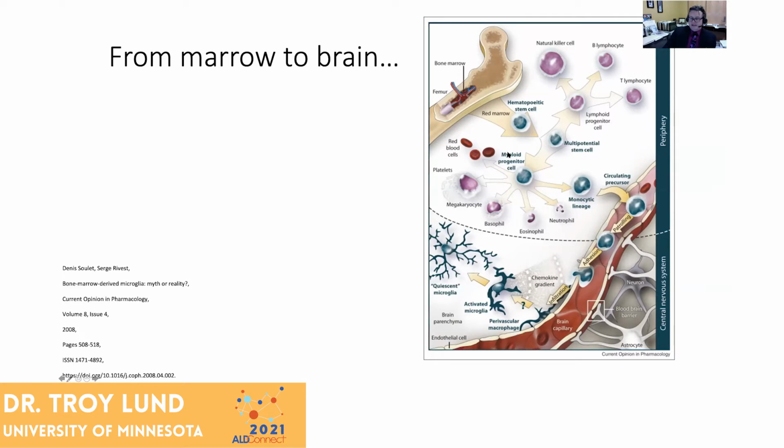And then by some process, there's some cell that goes to the brain and becomes something. A lot of times we use the term microglia replacement or microglia engraftment. I'm not sure that's entirely correct anymore, and I'll show you the reasons why.